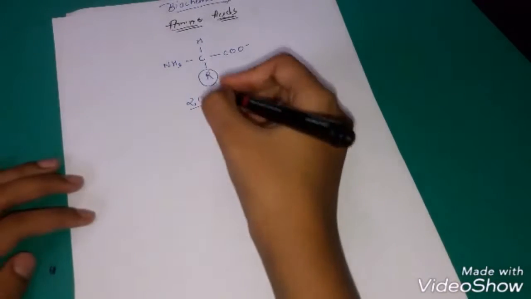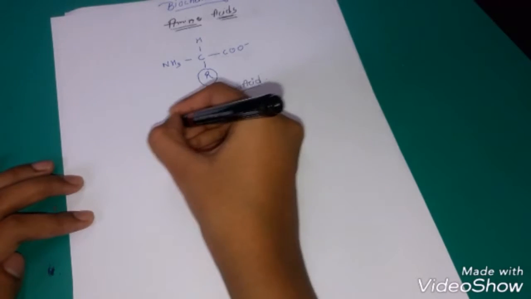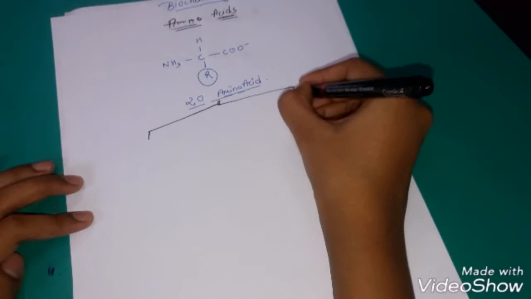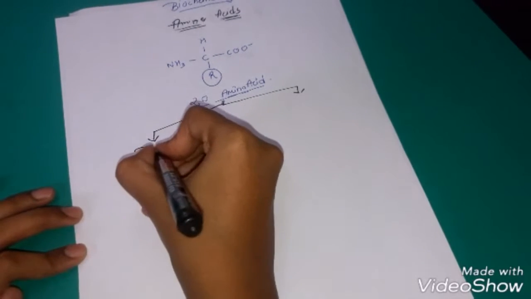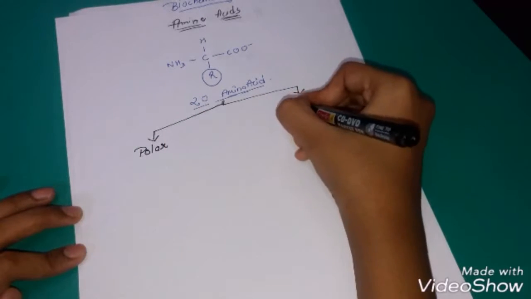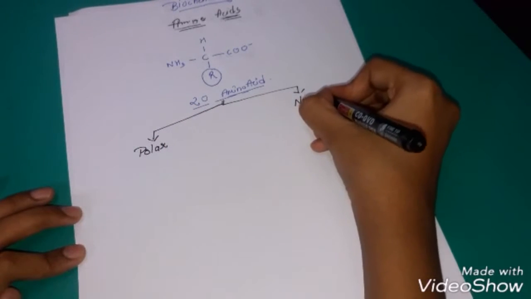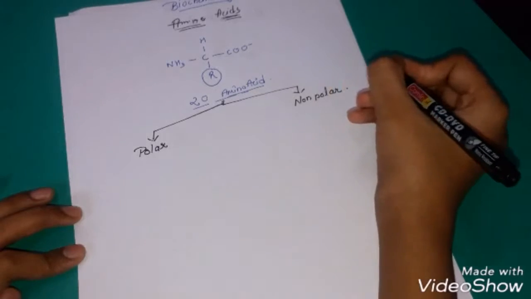We divide these amino acids into two groups. One group is polar amino acids, another one is non-polar. So what is the difference between polar and non-polar amino acids?